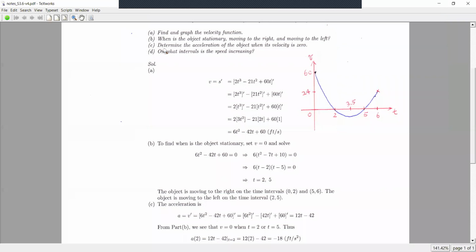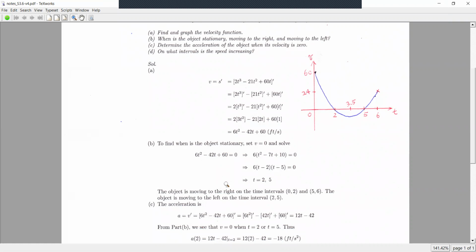Part C. Determine the acceleration of the object when its velocity is 0. Take the derivative of velocity, then we get acceleration. The result is 12 times t minus 42.